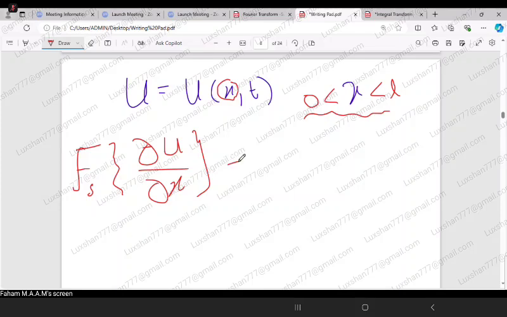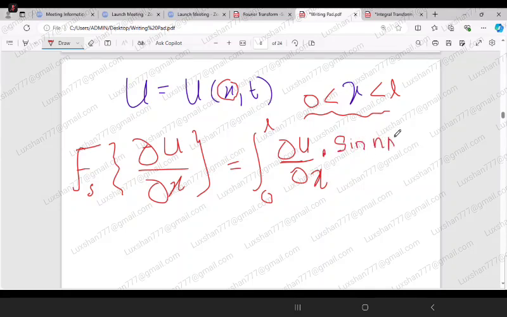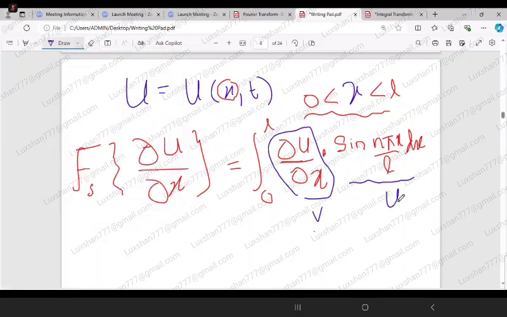According to the definition, this is equal to the integral from 0 to L of ∂u/∂x into sine(nπx/L) dx. So, like earlier, let me take this as my v function, this as my u function.